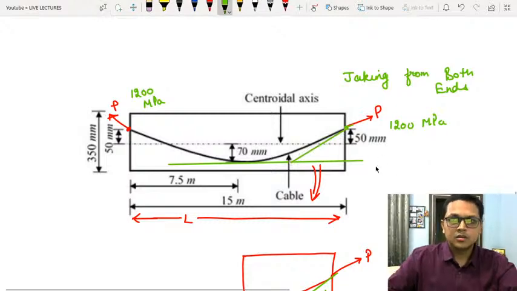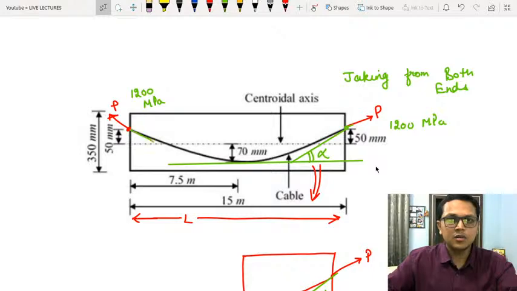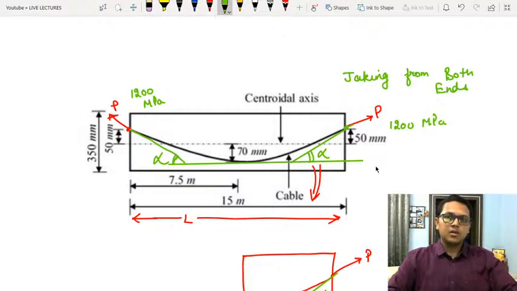So this will be the alpha angle, and similarly from this end also, this will be the alpha angle. So this alpha angle will be equal to this angle theta, which is 4h by L.